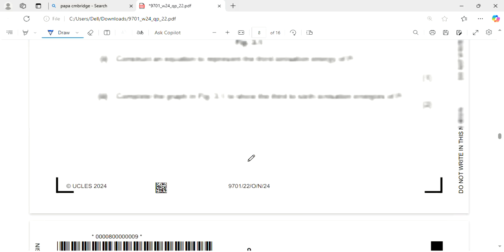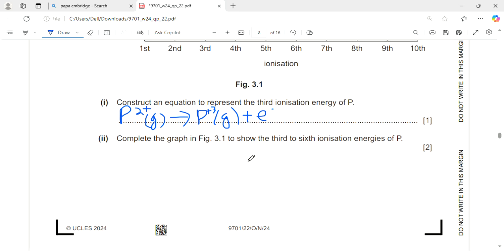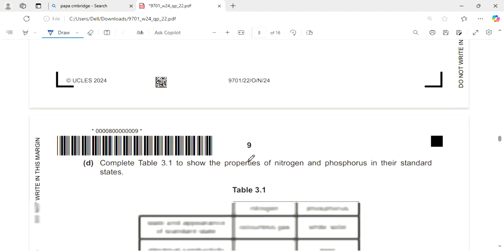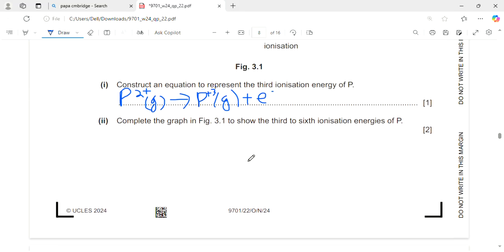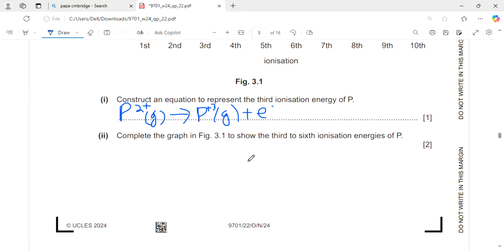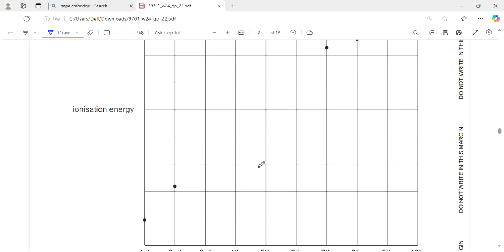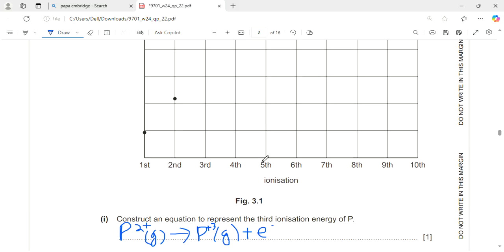Complete the graph in Figure 3.1 to show the sixth ionization energy.